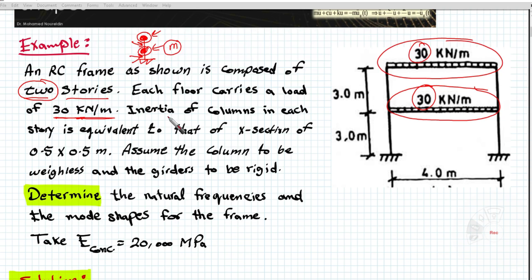Okay, inertia of columns in each story is equivalent to that of a cross-section of 0.5 by 0.5 meter.